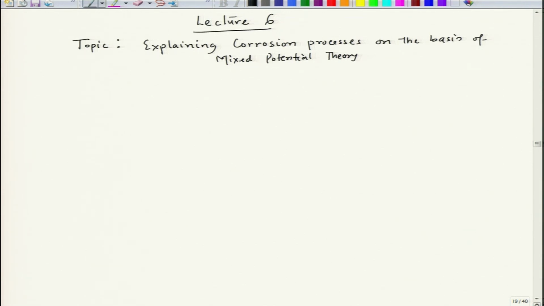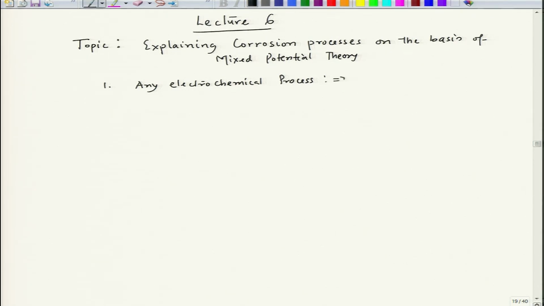So, when we talked about mixed potential theory, we said that it is based on two hypotheses. One is any electrochemical process can be divided into a number of simple cathodic or anodic processes.